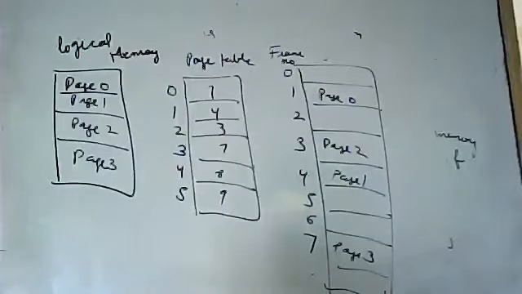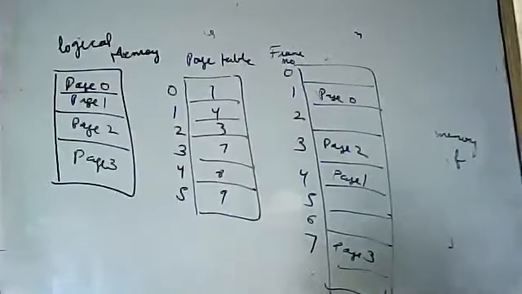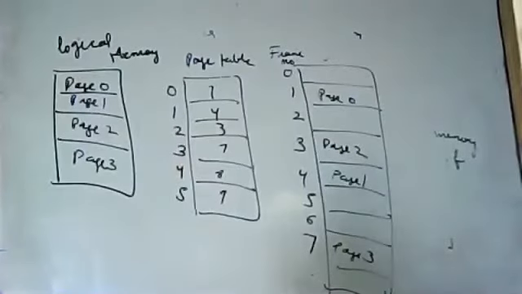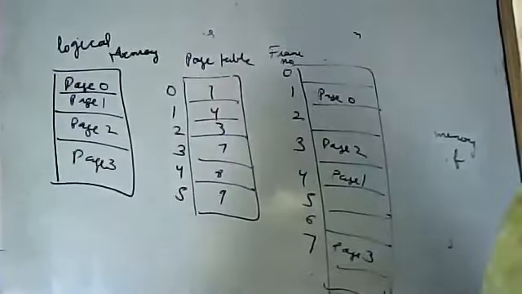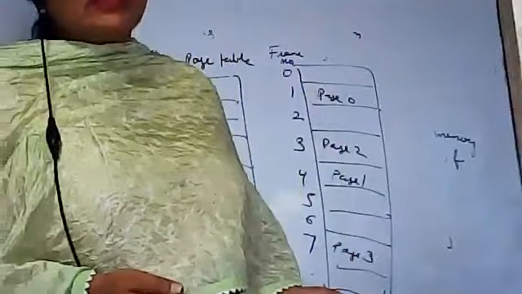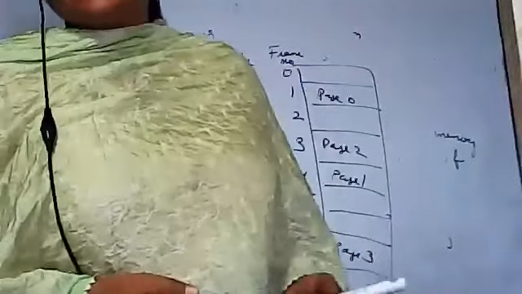Now, before moving ahead, we'll again discuss what virtual memory is. Separation of user logical memory from physical memory defines virtual memory. Only part of the program needs to be brought into memory for execution. Logical address space can therefore be much larger than physical address space.